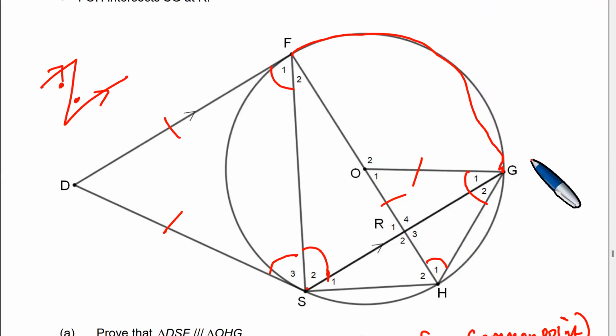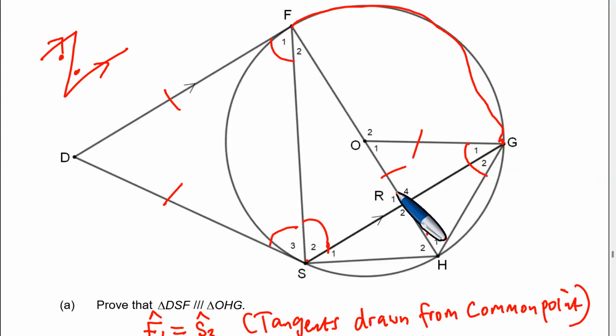With that said, it means the third angle, angle D, is equal to the third angle here. Because this F1 is equal to this, but F1 is equal to S3 is equal to S2. So this equals this and this equals this, which means D is equal to O1.